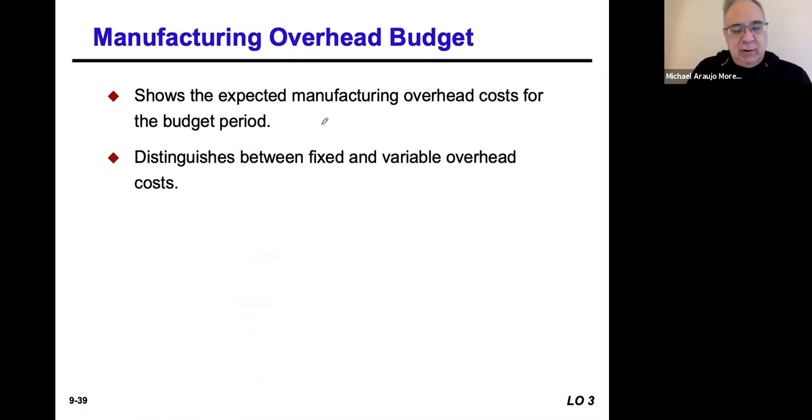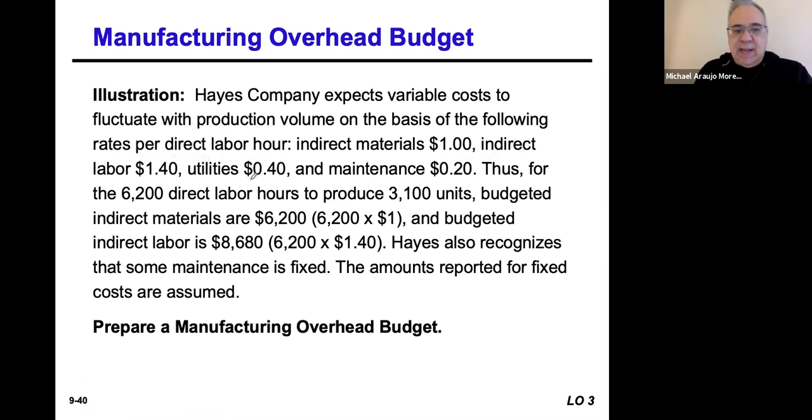Not to be overshadowed, we need to figure out manufacturing overhead. And of course, you know that overhead is either going to be fixed or variable costs, although there are some mixed costs as you learned in the other chapter as well. But in this case, we're going to stick with Hayes, and we're going to keep it simple.